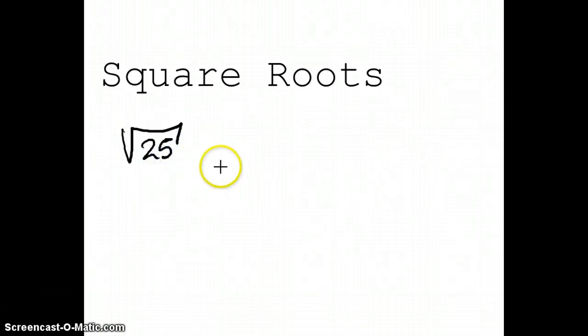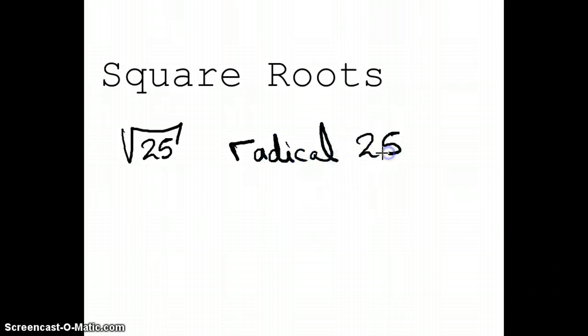So let's first of all talk about how we say this. If I read something like this, I'm actually saying radical 25, or I'm going to find the square root of 25. And all the square root means, as you hopefully remember, is what number times itself will give me this number inside the radical sign.